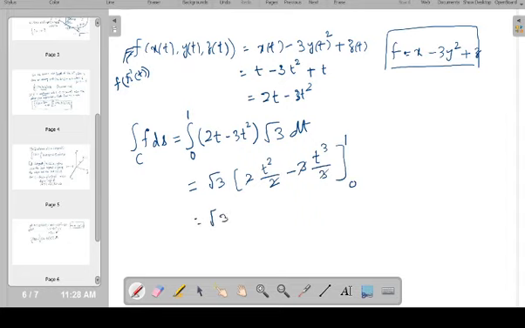So it is root 3 into 1 minus 1 minus 0 minus 0, which is equal to 0. So the answer is 0. Okay.